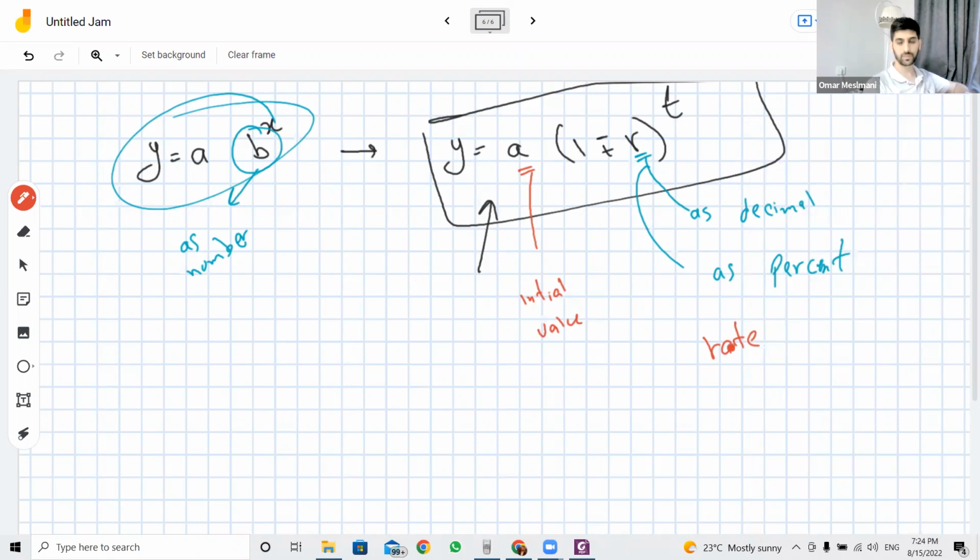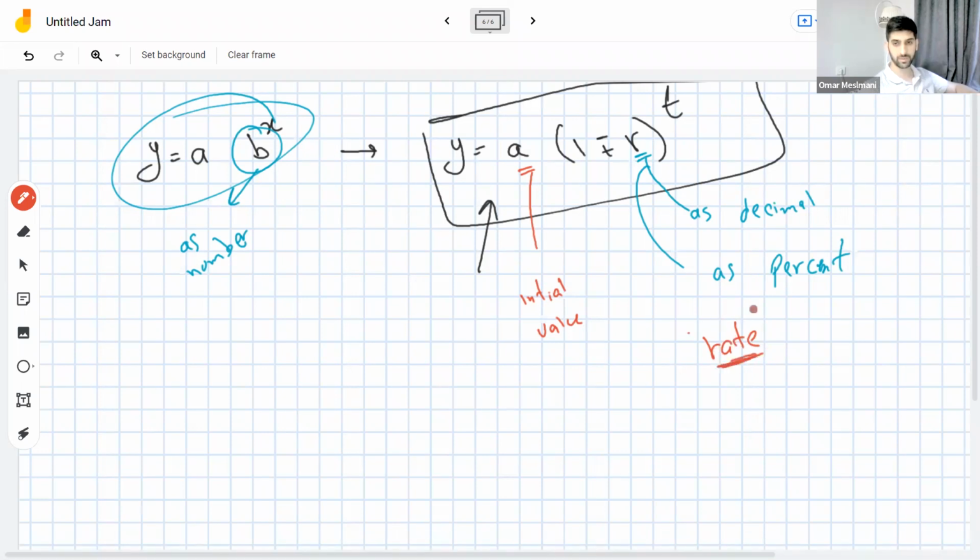Okay, so now I'm going to say this. Stay with me for a minute. The question is going to say, for example, that my money has a rate of 20% per month, or maybe 20% per year, or maybe 20% per day.